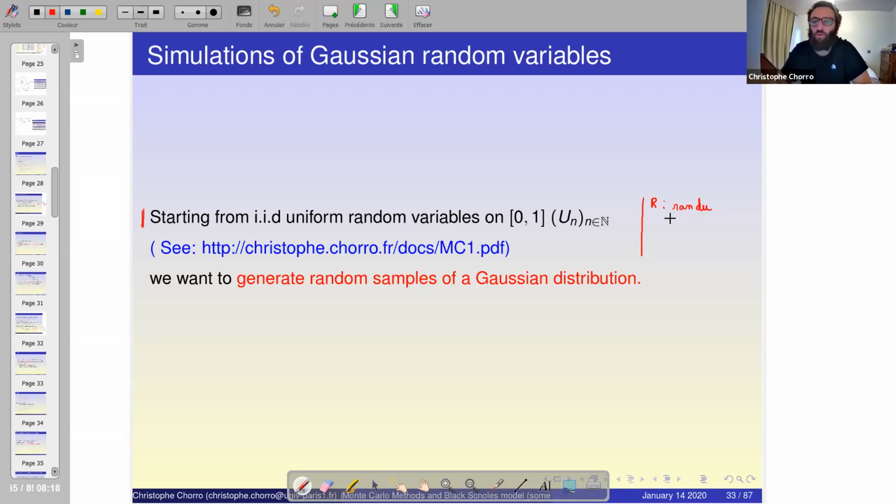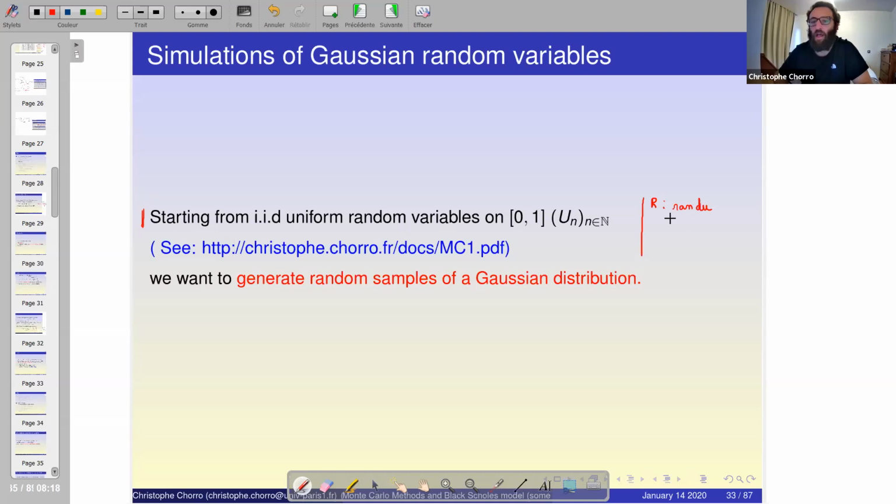If you write runif of 1, you obtain 1 realization of a uniform on the interval 0, 1, and if you do runif of, let's say, 1000, you will have 1000 independent realizations of a uniform on the interval 0, 1.